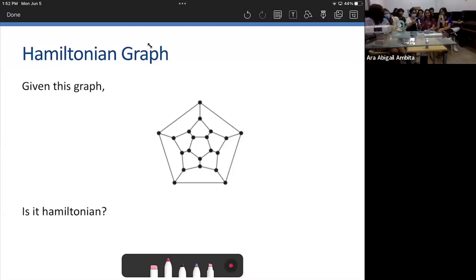Okay, so in this graph, on the other hand, is this Hamiltonian or not? Is it possible? Let's say we start here. Okay. And then we can go to the next, and the next. Okay, so it is Hamiltonian.